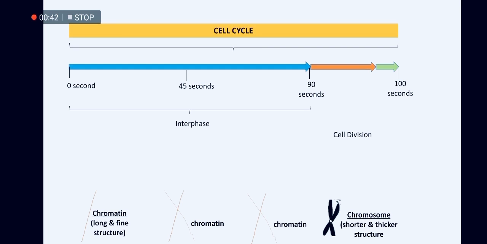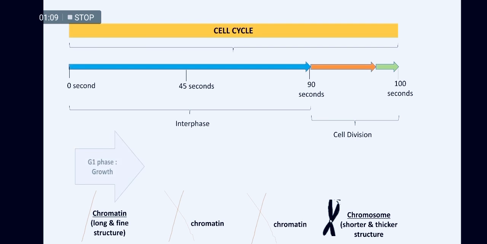What does interphase do to the cell? The cell is preparing for the next important process, which is cell division. Cell division is divided into two types: the first is mitosis, the second is meiosis, and don't forget cytokinesis.